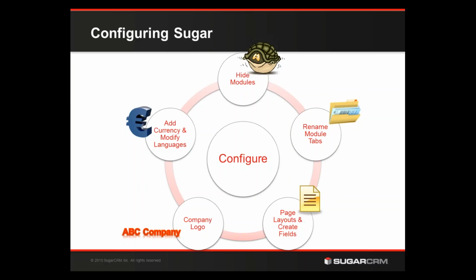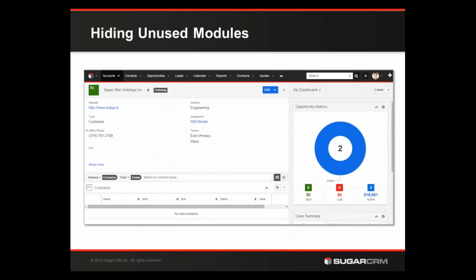So if you rename leads prospects in English, you're going to also have to do it for Spanish if you support Spanish, or Italian if you support Italian, and so on. You'll have to do that for every language that you support. And you can determine if you're not going to support all of them, remove the ones you're not going to be using, because out of the box, someone logs on, they can pick the language that they want to see Sugar in. Okay, so let's kind of break it down.